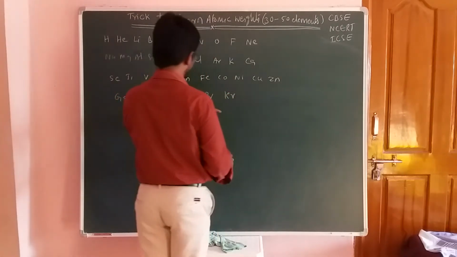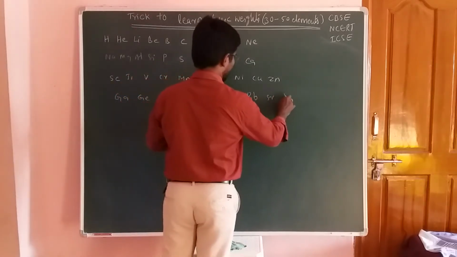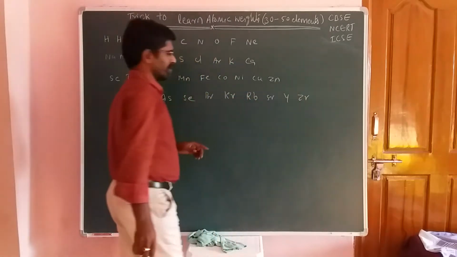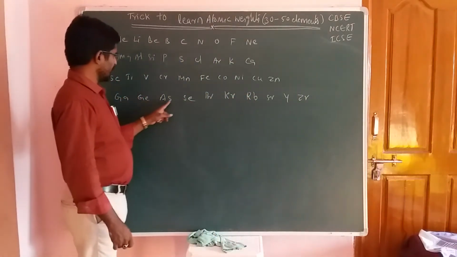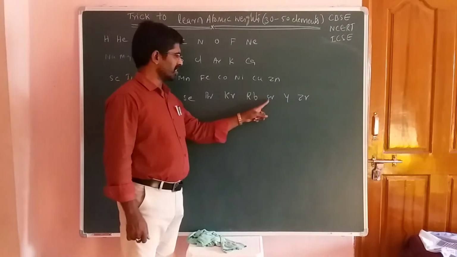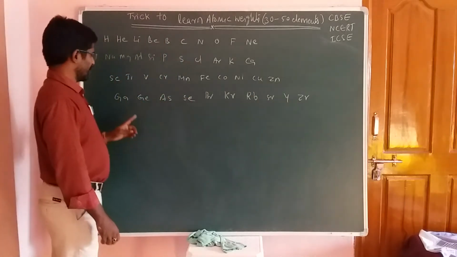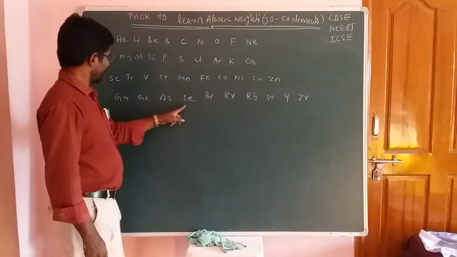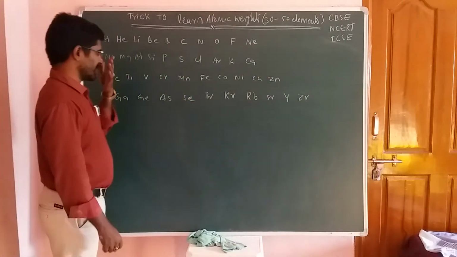Next is rubidium, strontium, yttrium, and zirconium. Okay students, count the numbers: 1, 2, 3, 4, 5, 6, 7, 8, 9, 10. So 10 elements are over.